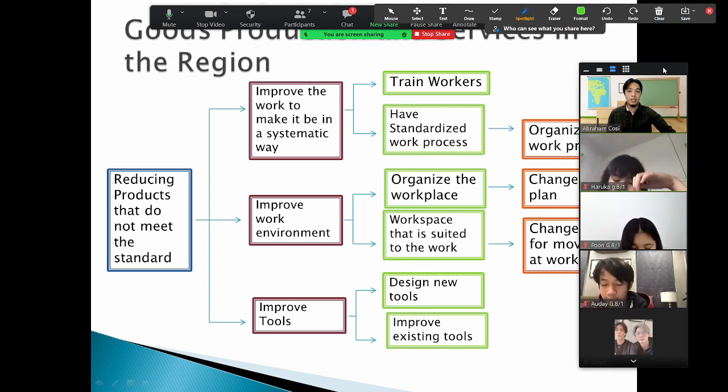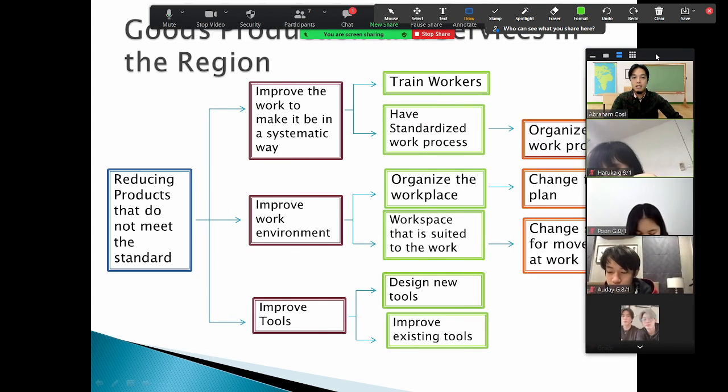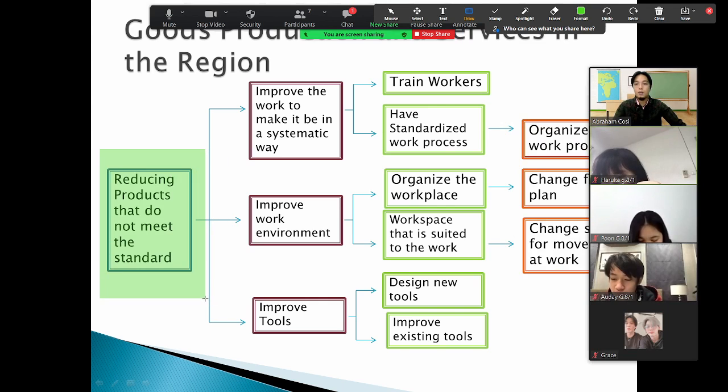First one, this is the goal. Sorry, this is the goal.